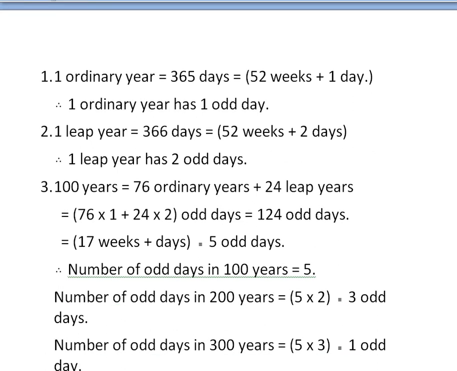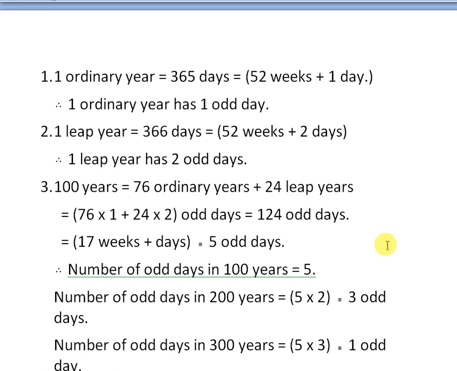So we multiply 76 by 1 and 24 by 2, because each ordinary year has one odd day and each leap year has 2, which equals 124 odd days. That means in 100 years you will have 5 odd days: 17 weeks plus 5 odd days.